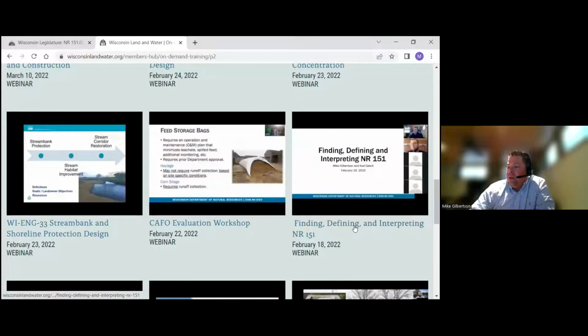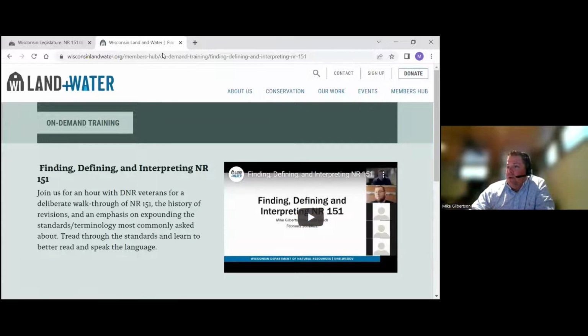So here's finding and defining, interpreting NR 151. That's just a quick reminder of where to find these, so you can reference that if needed.